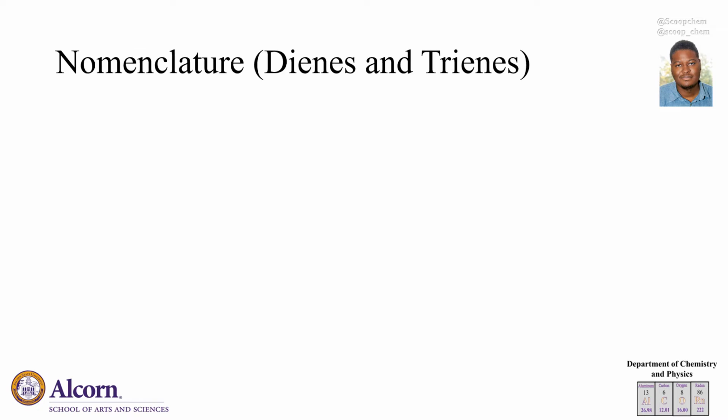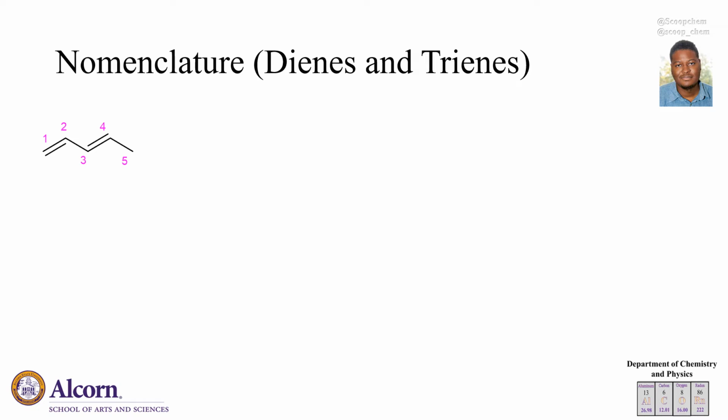Okay, let's cover nomenclature of dienes and trienes. This molecule here has 2 alkenes, so we're going to specify it as a diene in its name. It's a total of 5 carbons if we start carbon 1 at the pi bond. We're going to start carbon 1 at the pi bond, which allows us to have the lowest possible numbering. And then we need to make sure that we specify any unique orientations across our double bonds.